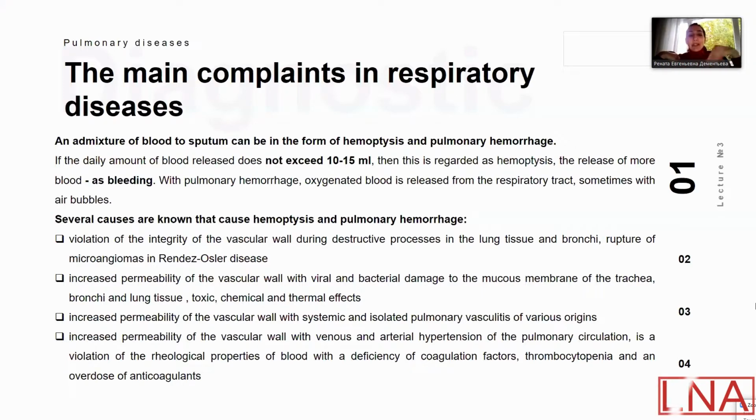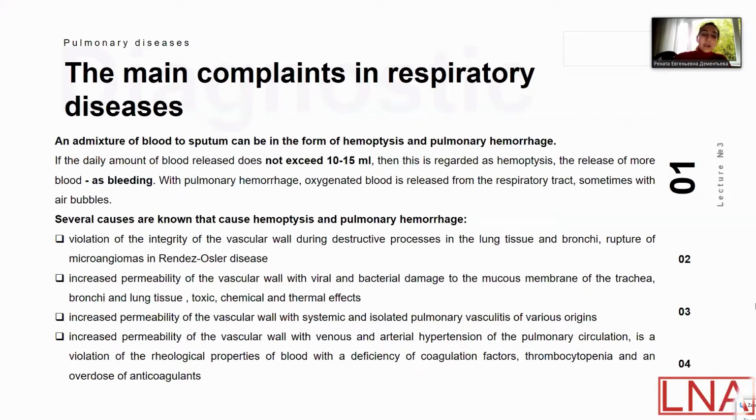Increased permeability of the vascular wall with systemic and isolated pulmonary vasculitis of various origins. It is the same pathological sign, but with different reasons. Increased permeability of the vascular wall with venous and arterial hypertension of the pulmonary circulation.